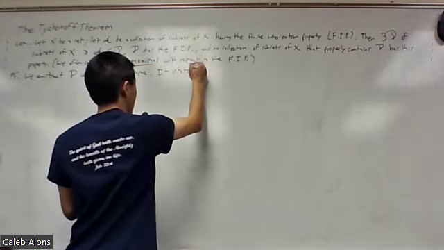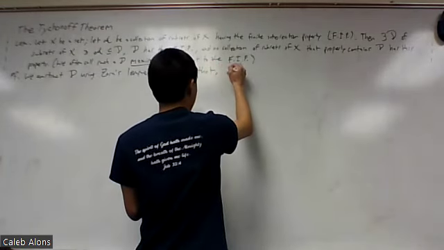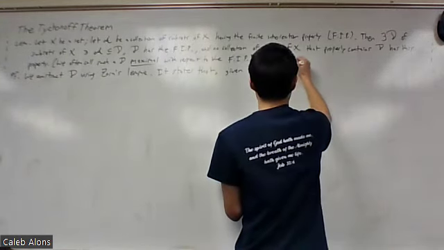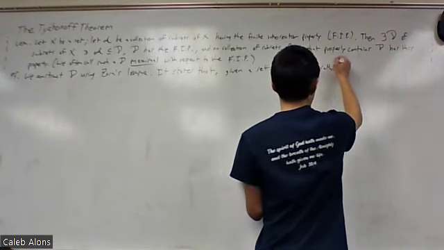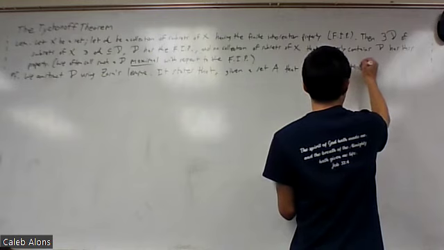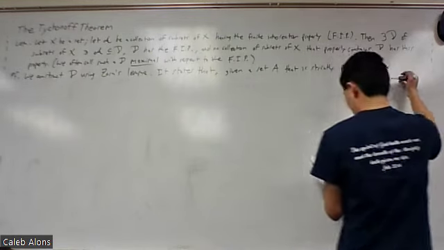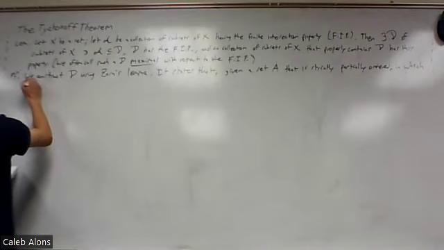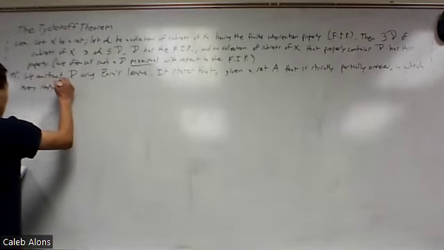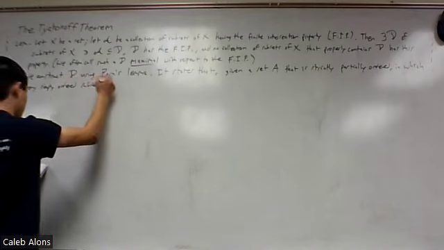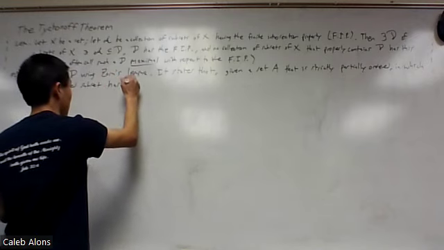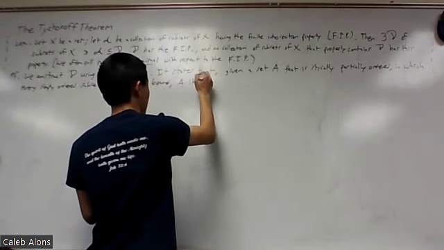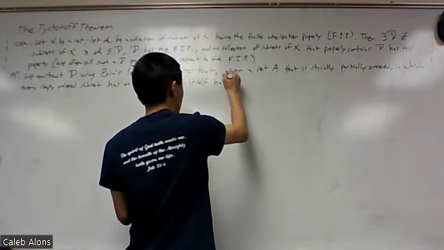It states that given a set A that is strictly partially ordered, so that's a type of relation in which every simply ordered subset has an upper bound, A itself has a maximal element.